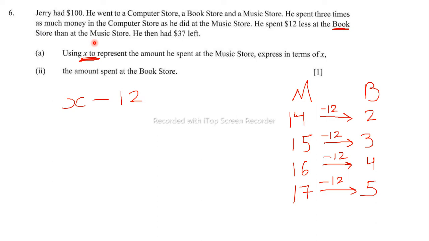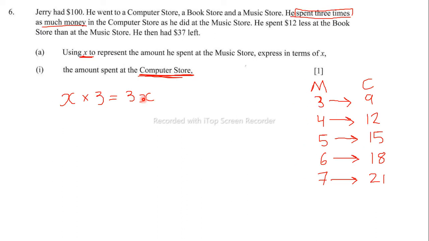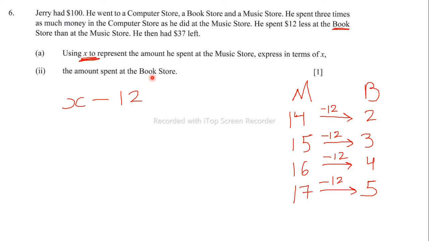So it's whatever he spent at the music store minus 12, and that's what this X means. We're almost done. We know how much he spent at the computer store, that's 3X. We know how much he spent at the bookstore, that is X minus 12.